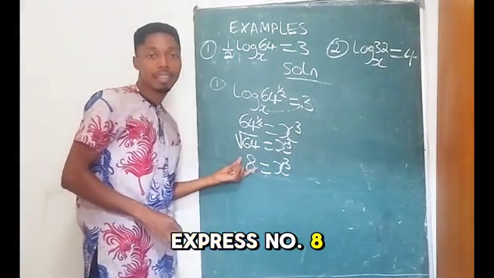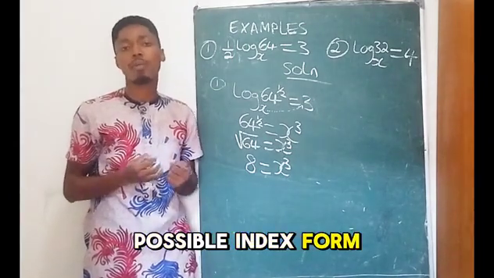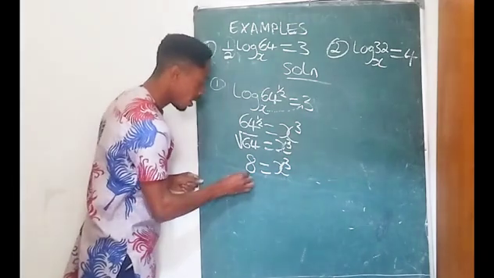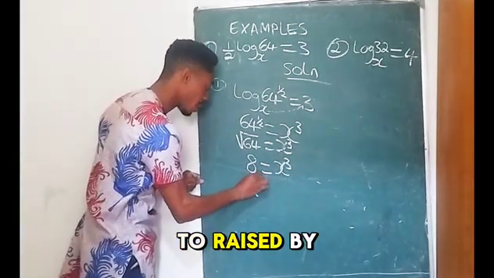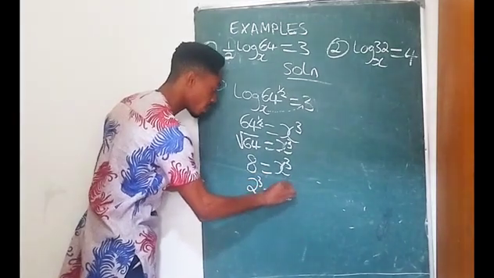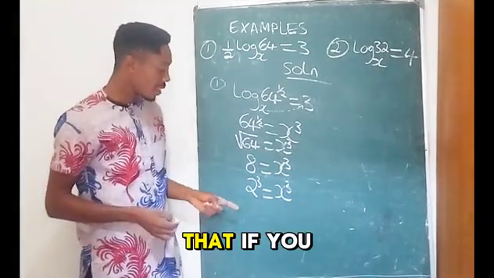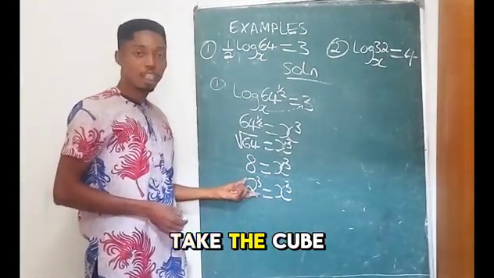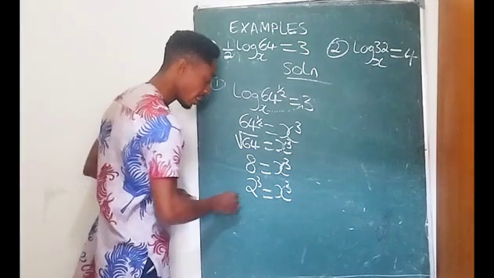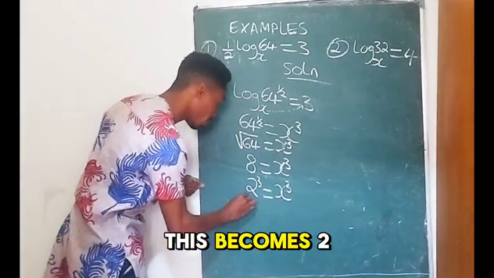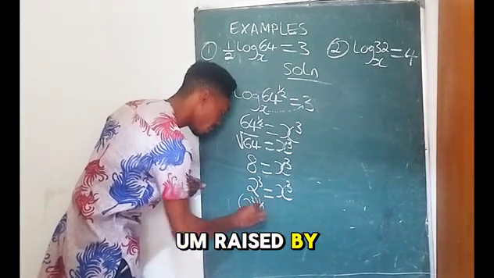Express the number 8 in index form, in the lowest possible index form. 8 is 2 times 2 times 2, which is 2 raised to power 3 equals x raised to power 3. If you take the cube root of both sides, this becomes 2 raised to power 3 raised to power 1 over 3.